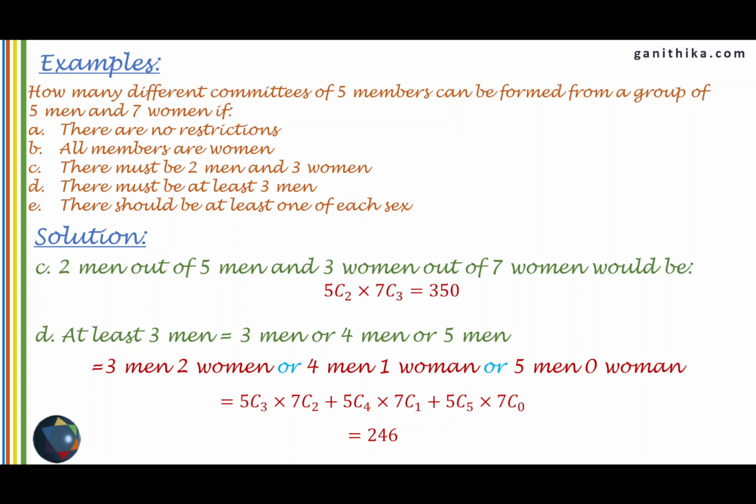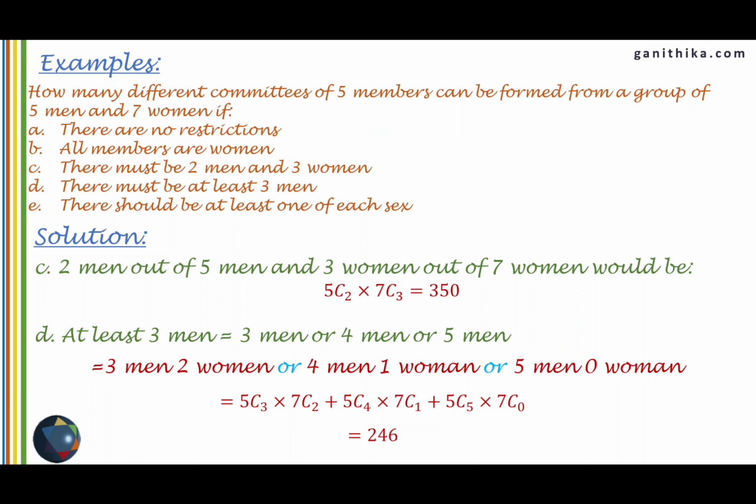Question D is, there must be at least 3 men. So you can have 3 men or 4 men or 5 men. When you have 3 men, the rest of the committee, 2, must be women. When you have 4 men, the rest of the committee will be 1 woman. And when you have 5 men, it's an all-men committee, therefore 0 women. So the combinations for 3 men, 2 women is 5C3 times 7C2.